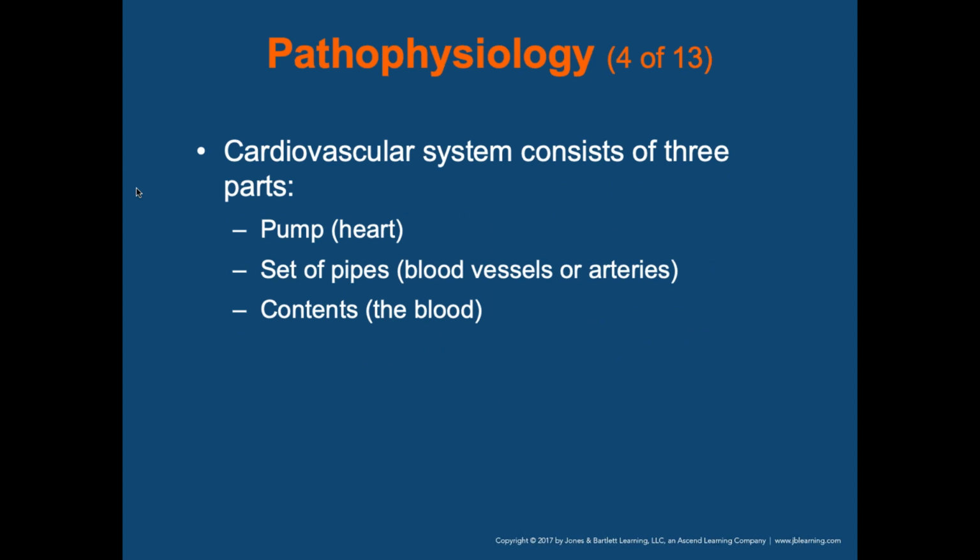The cardiovascular system consists of 3 parts. You have to have a pump, which is the heart, a set of pipes, which are blood vessels or arteries, and you have to have the contents, which is blood, to be able to work. So for the firefighters in the classroom, the fire pump is the heart. The pipes, blood vessels, and arteries would be like your large diameter hose and your 1.5 inch, 1 3/4 lines, right?